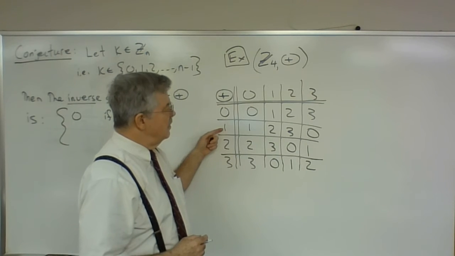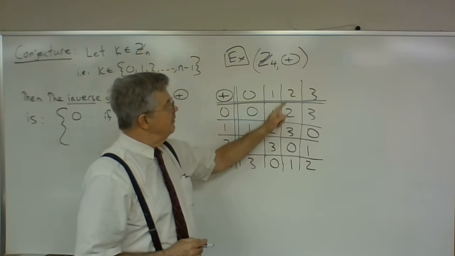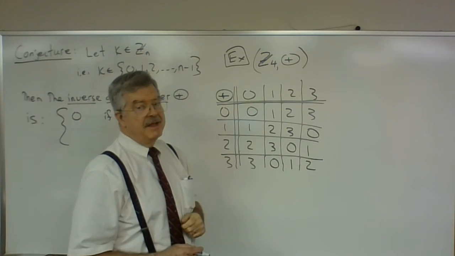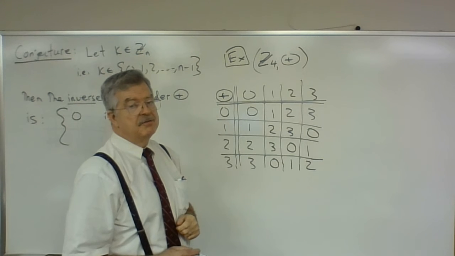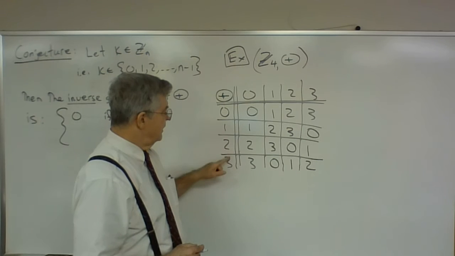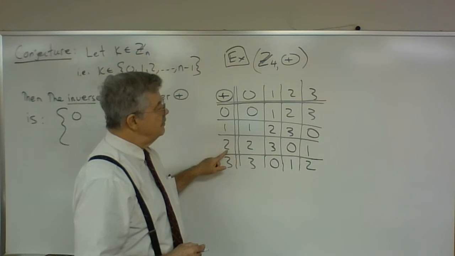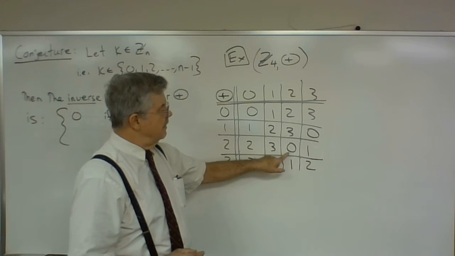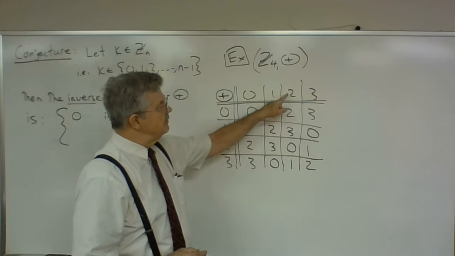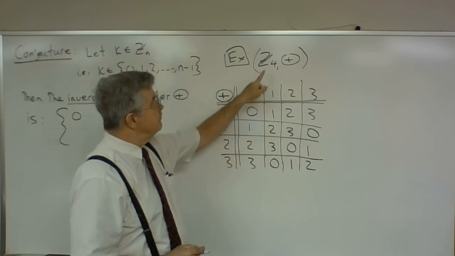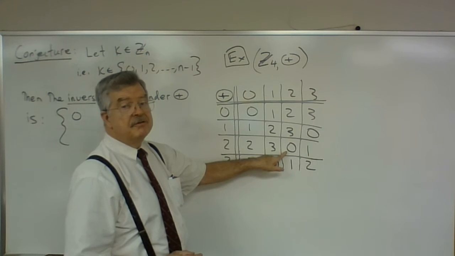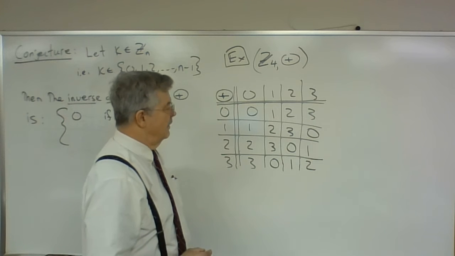So if k is 1, then with respect to 4, 3 is n minus 1, or 4 minus 1. Does that work with 2? Let's see. 2 plus 2 is 0, but how did we get that? 2 plus 2 is 4, which is congruent to 0 modulo 4.